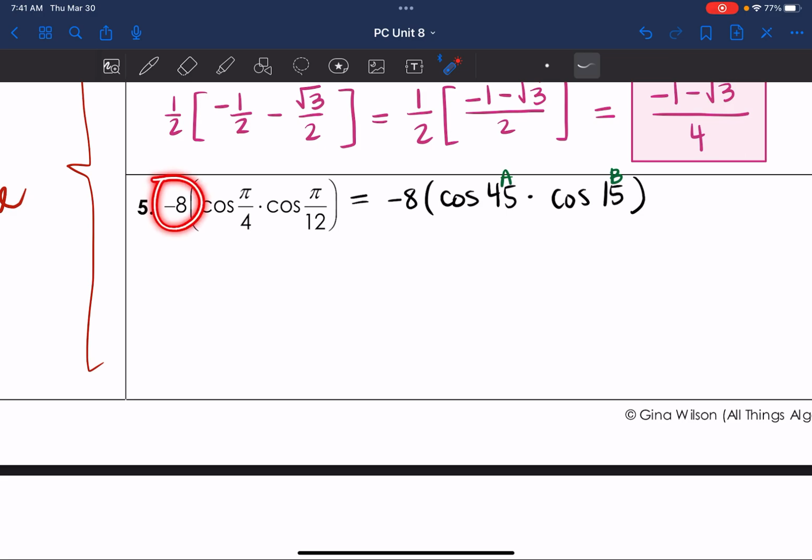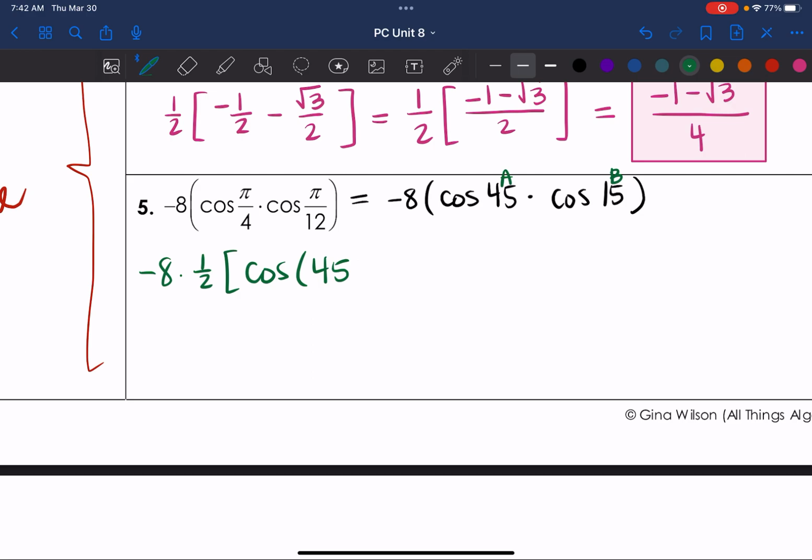It starts with a -8. So keep that -8, but it's going to be times 1/2 cosine of 45 minus 15. And if you continue the pattern of that one, it had a plus cosine of their sum, so 45 plus 15.